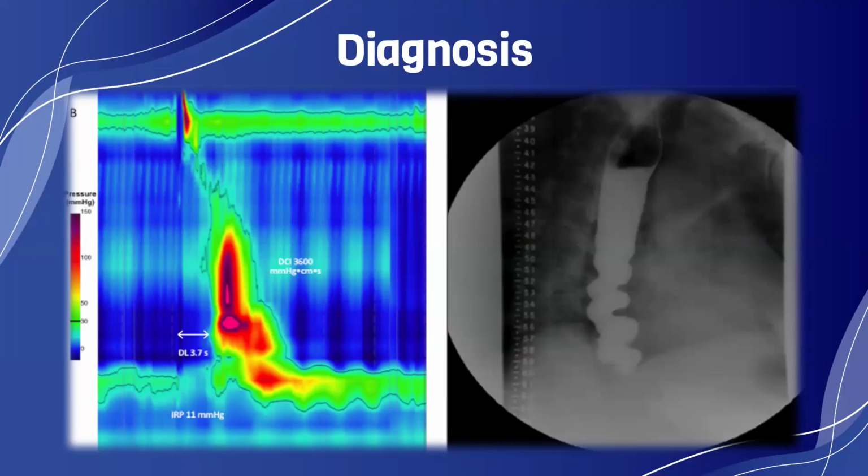And the distal contractile integral will be more than 450 mmHg. Barium esophagram in a patient with distal esophageal spasm will show the corkscrew or rosary bead appearance of the esophagus.